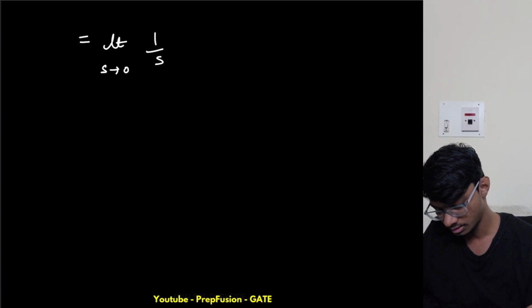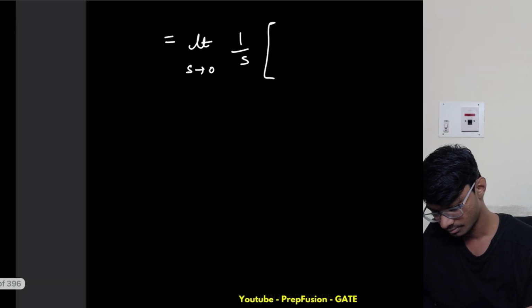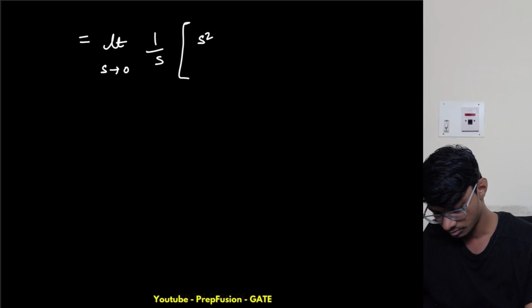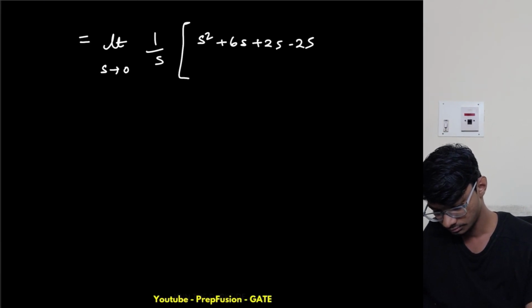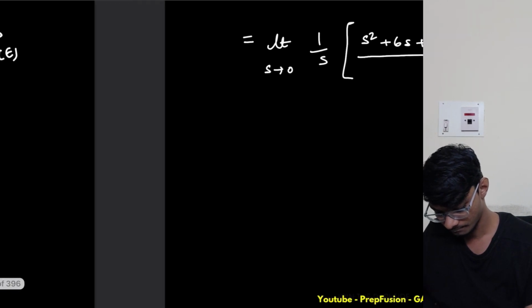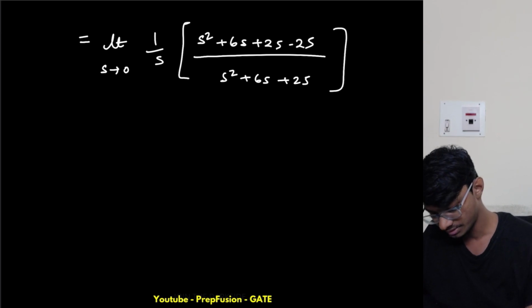I have still one s in the denominator, and if I subtract this one, right, this will be s square plus 6s plus 25 minus 25 divided by s square plus 6s plus 25, right? Now what is happening? This limit as s tending to 0, I have 1 over s over here, right?